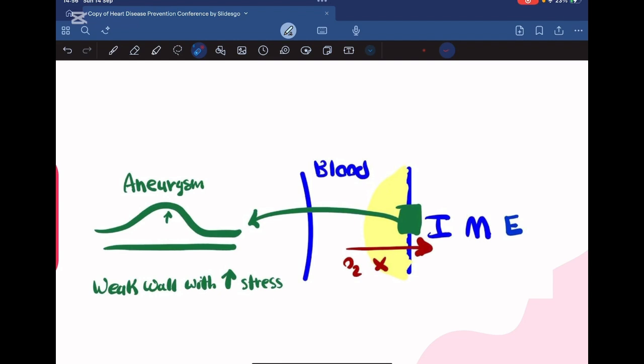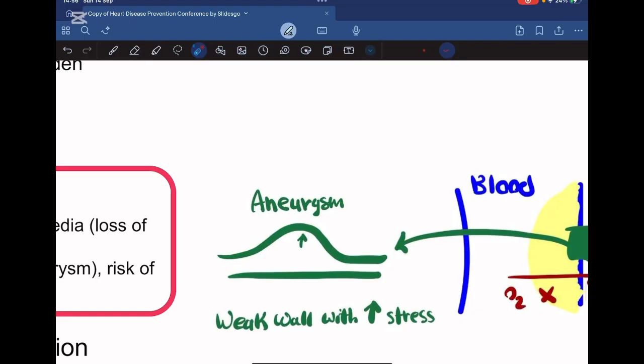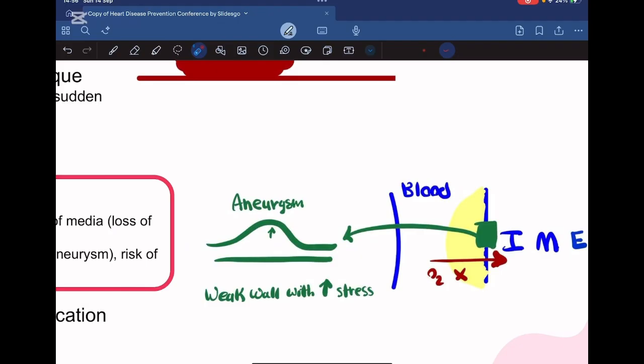Okay, this will lead to the wall getting very weak, and I already have high stress from the blood flow plus the atheromatous plaque. So this leads to weakness inside the wall of the blood vessel, and eventually it will bulge, meaning it will look like a balloon.